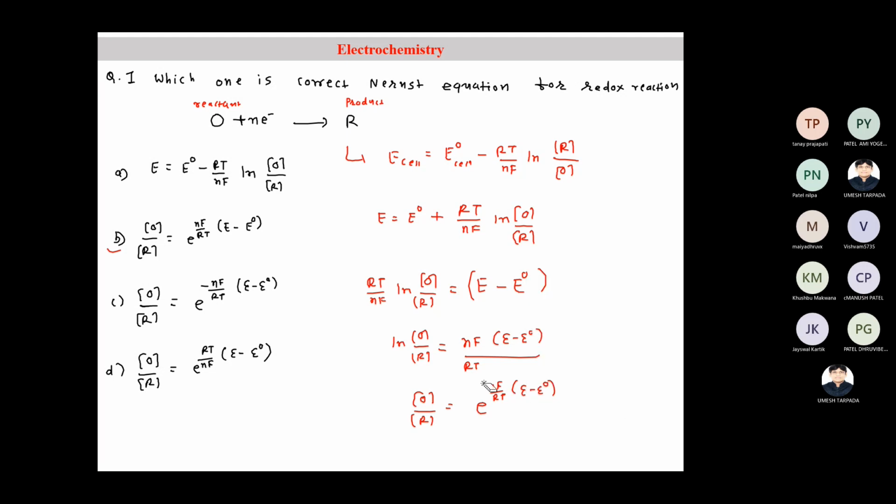Which option is correct? Second. So the second one is the correct one.